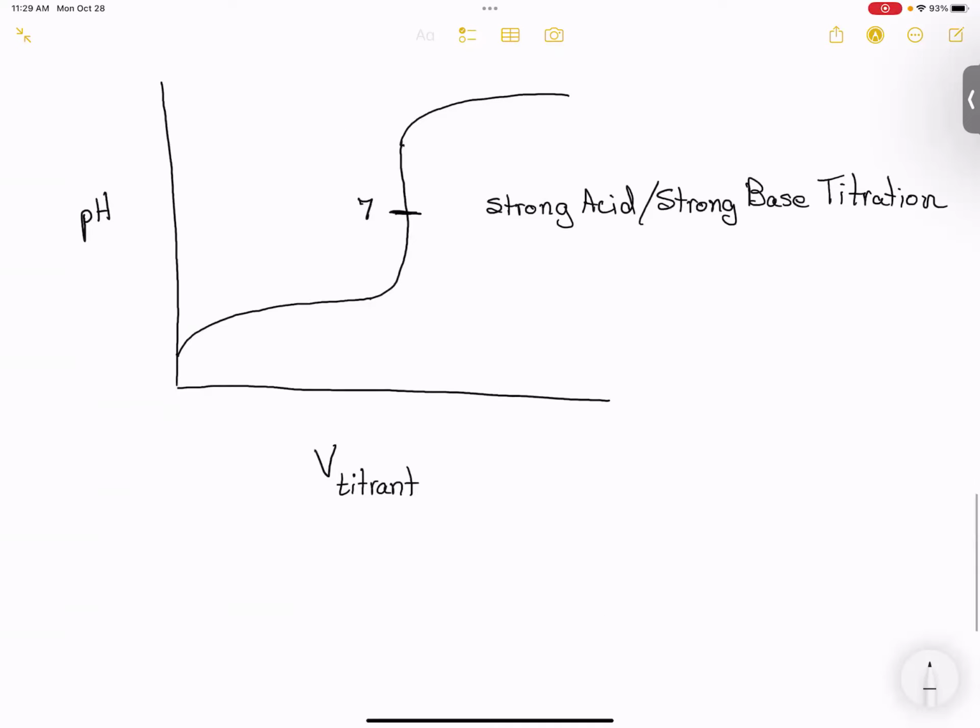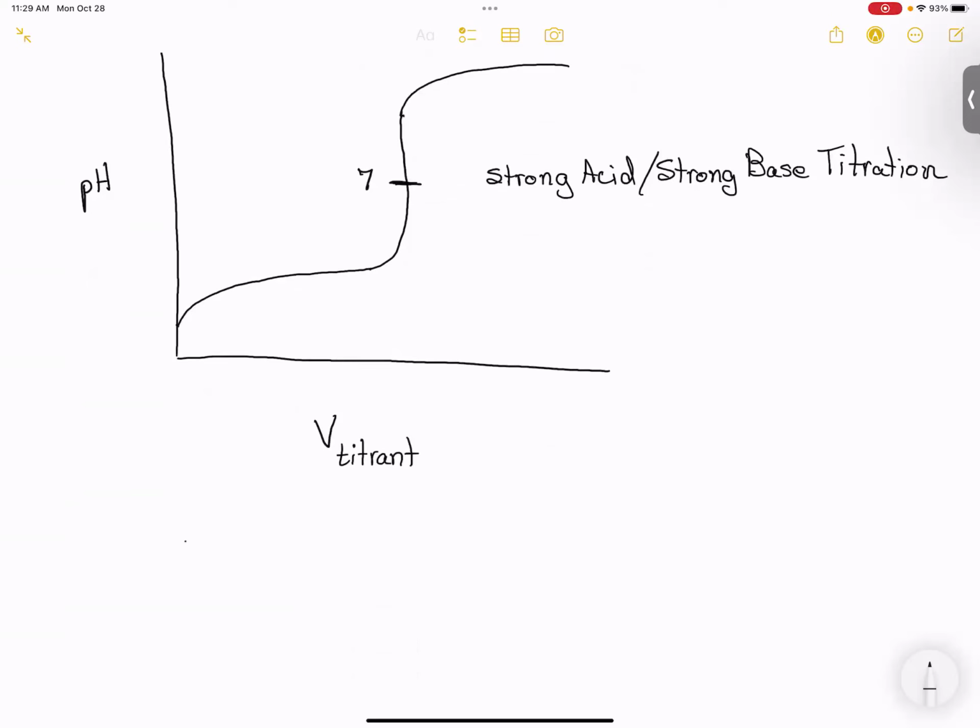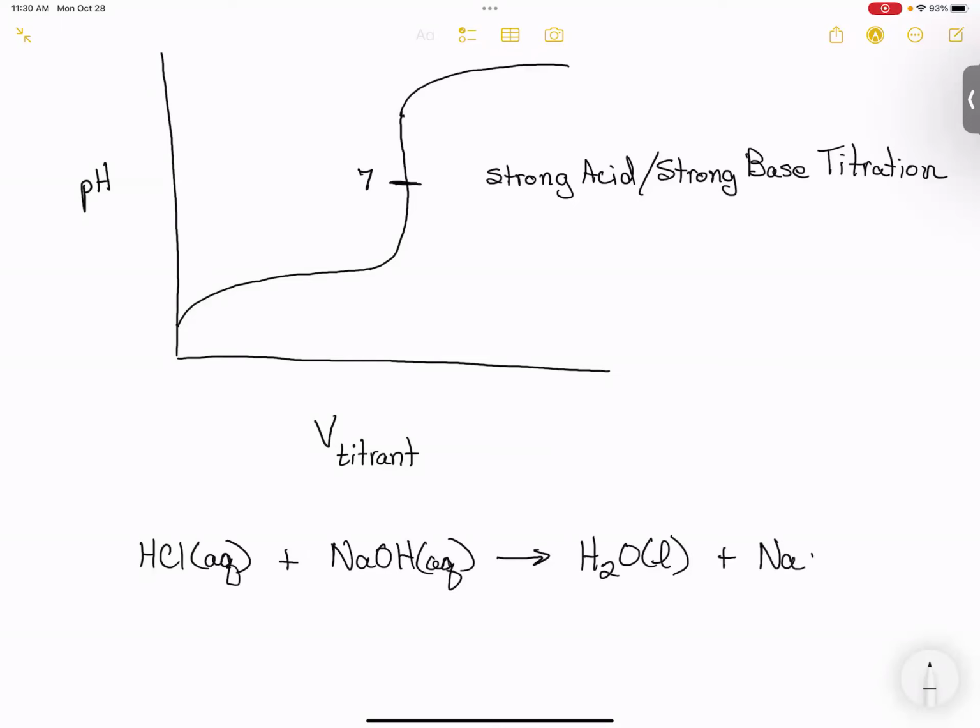That is because if you look at our strong acid, strong base, we have a proton donor, such as hydrochloric acid. We have a hydroxide donor, such as sodium hydroxide. And when those are combined in equivalent quantities, you're going to make water and you're going to make sodium chloride.